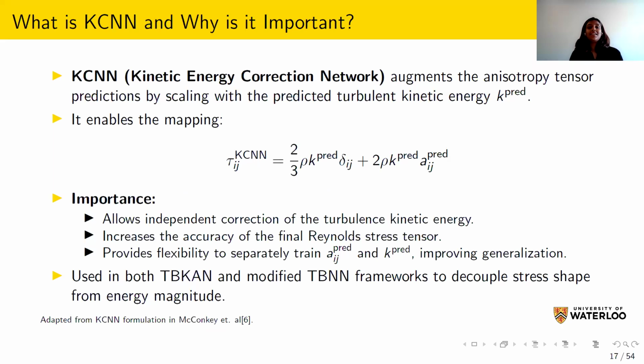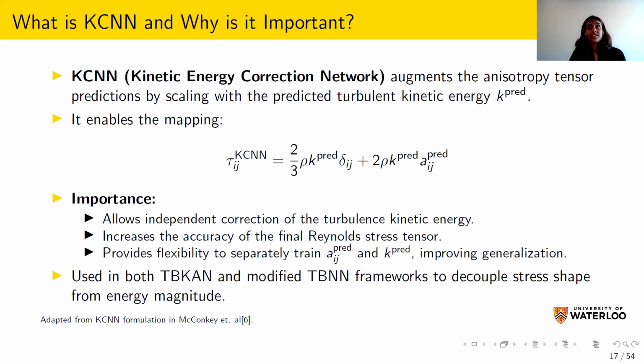Okay, so what is KCNN? As I just mentioned, the kinetic energy correction network is augmenting the anisotropy tensor prediction by scaling the predicted turbulent kinetic energy, so the K-pred value.